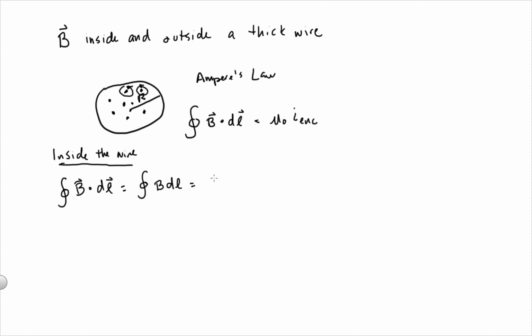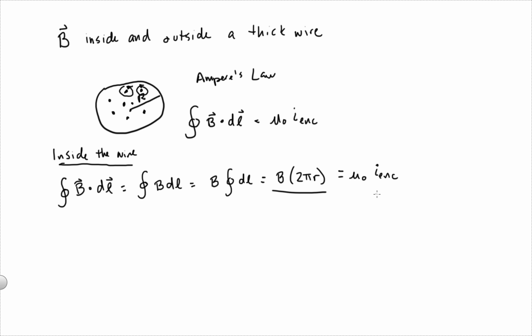And through our loop, by symmetry, B is going to be constant. So we're just walking around a little loop inside our wire, and that's going to be B times 2 pi r, because if we carve out an entire circle, we've walked through a circumference. And that is going to be mu naught times the current enclosed.